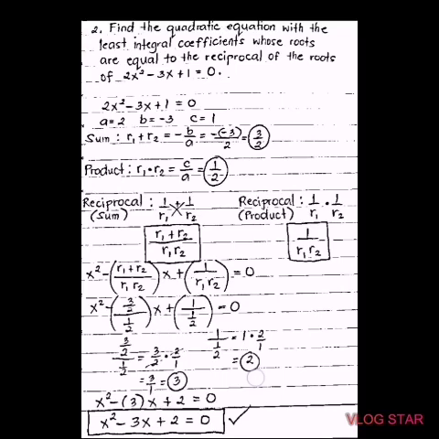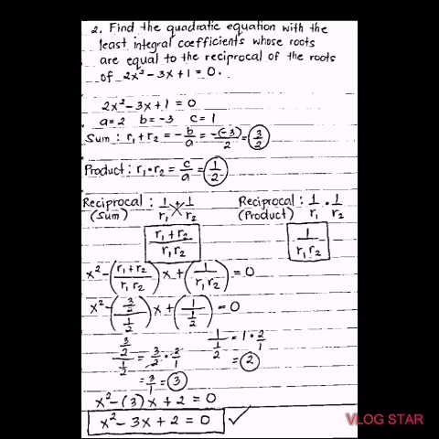So let us now substitute what we get from the reciprocal sum and reciprocal product. In the form, bring down x squared, bring down the minus sign, and then the reciprocal sum, which is 3, times x, bring down that x, plus the reciprocal product that we get, which is 2, equals 0.